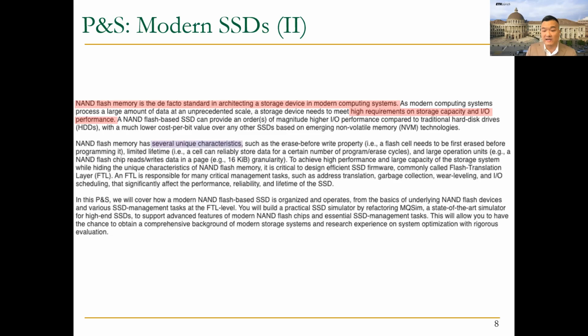Unfortunately, NAND flash memory has various unique characteristics, such as the erase-before-write property, limited lifetime, and large operation units, which do not exist in traditional HDDs.